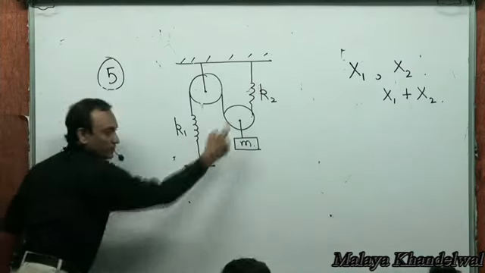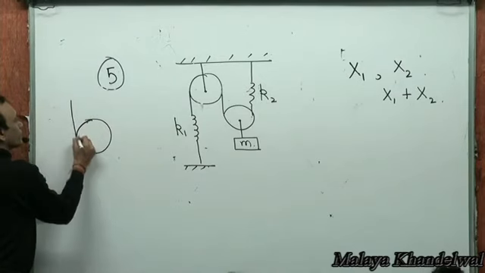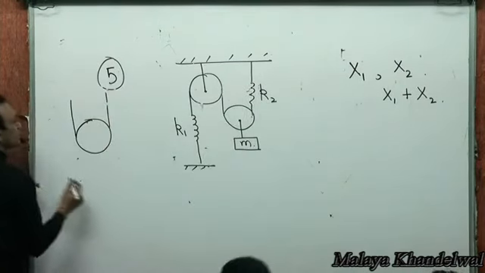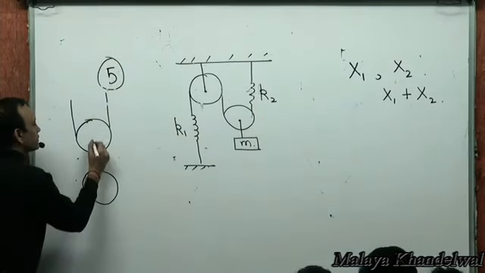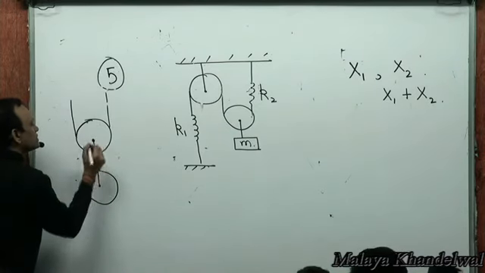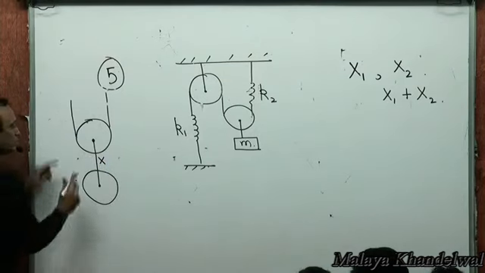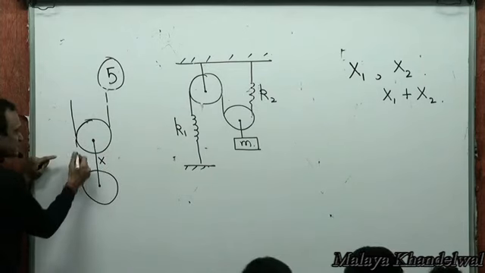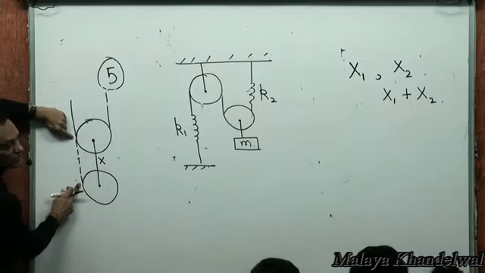Now think of it independently. This pulley, movable pulley, these were this portion and this portion of the spring. If the pulley descends by an amount x, then this length of the spring will increase by an amount x.